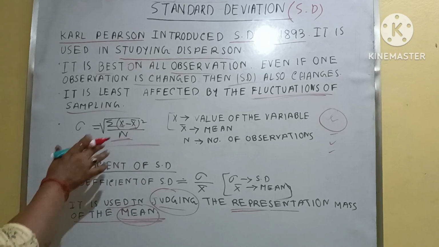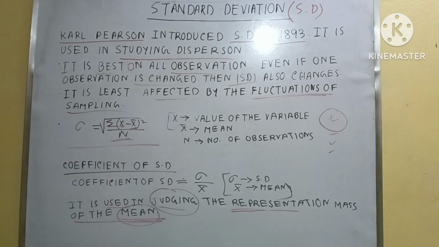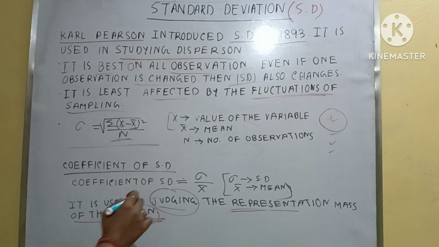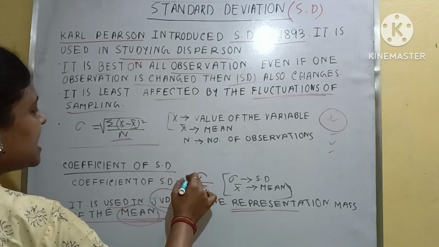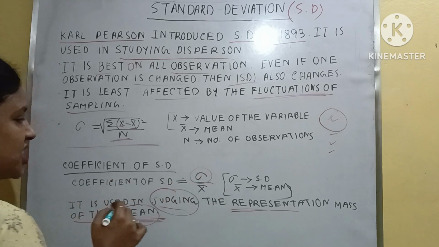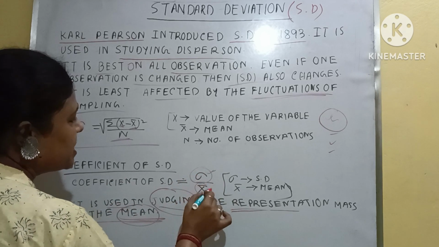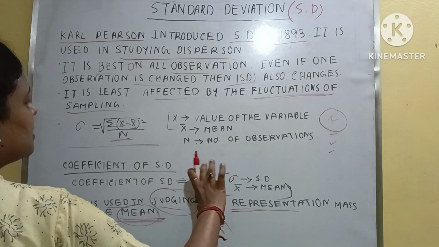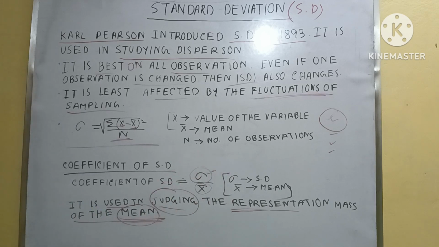This is the actual formula for calculating standard deviation. And the coefficient of SD is sigma divided by x bar, that means the ratio of SD and the arithmetic mean.